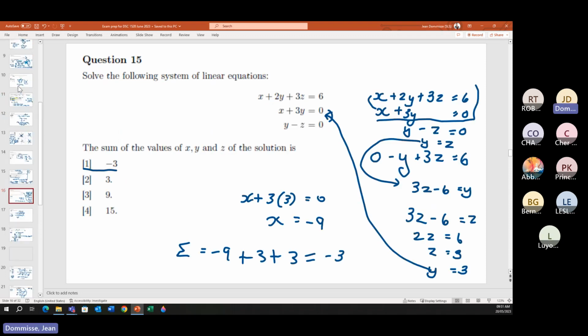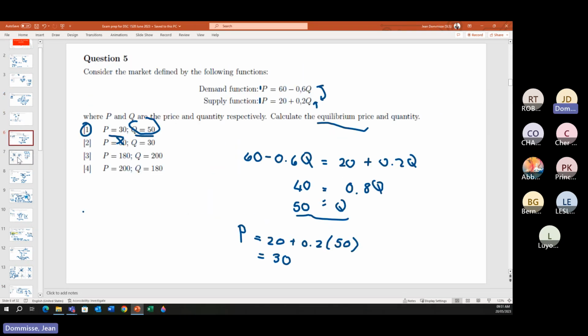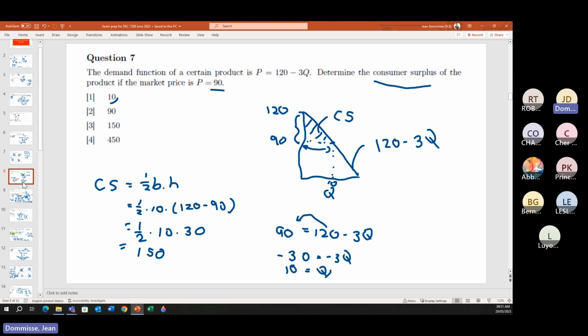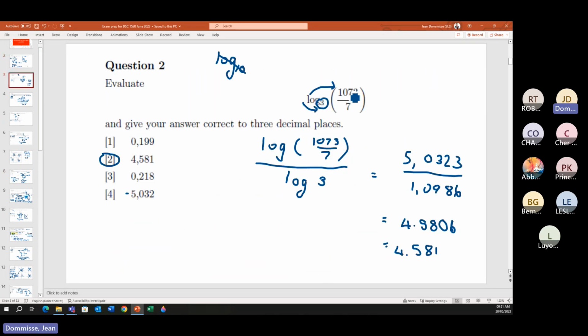Where was that other log one as well? Sorry, I'm jumping to get to that log. That was probably the first one. Okay, so the same with this one. Here we used a process, but you can check on your calculator as well.